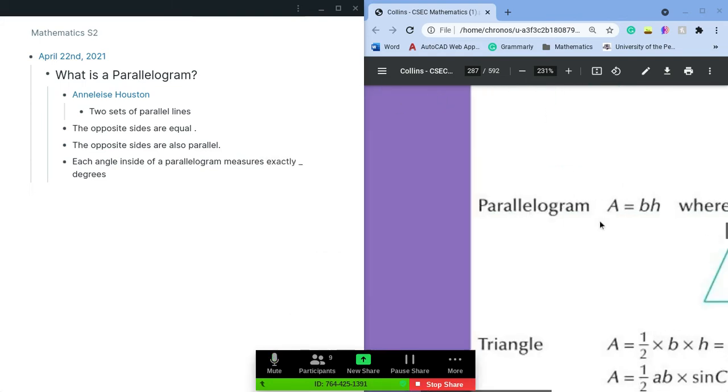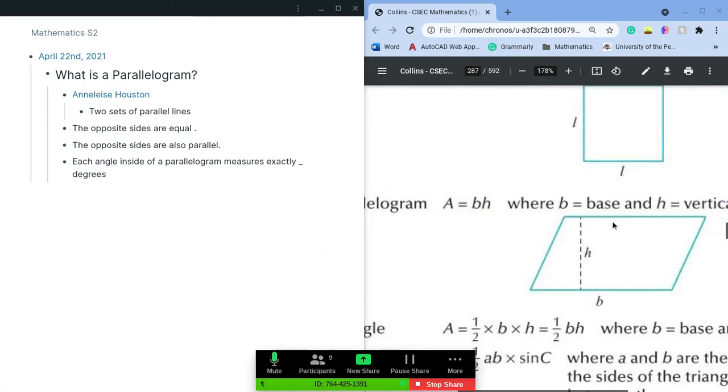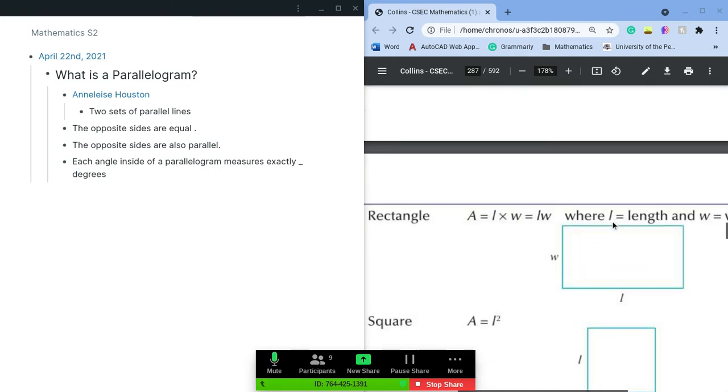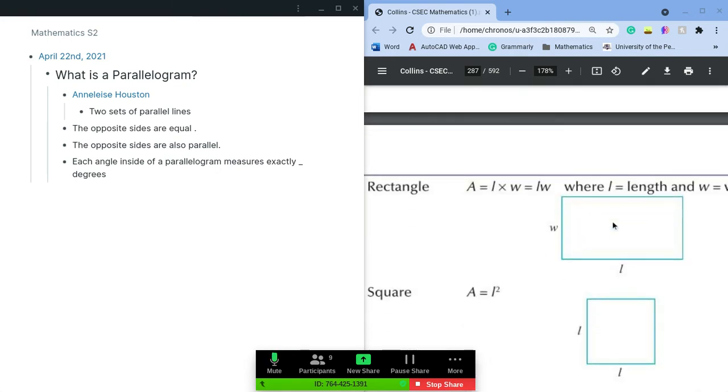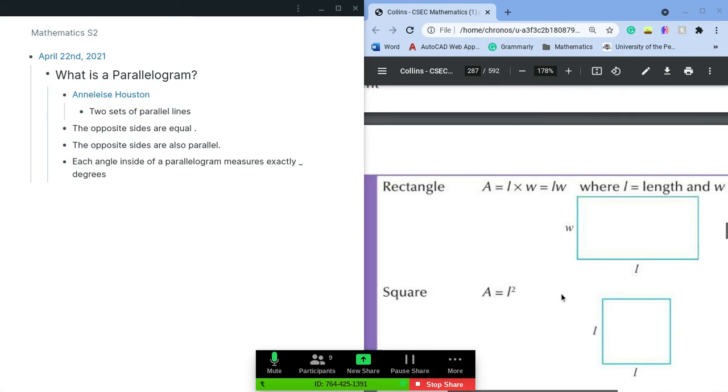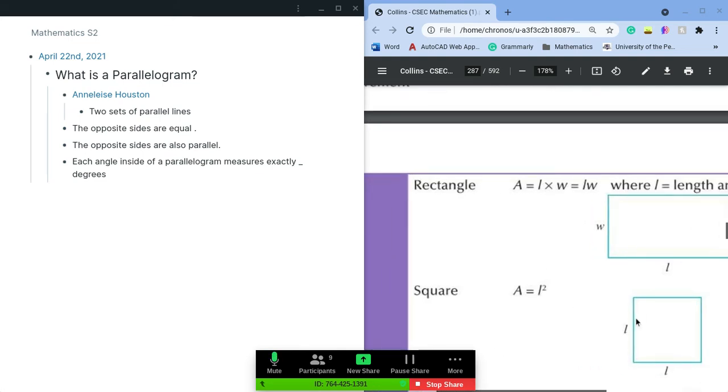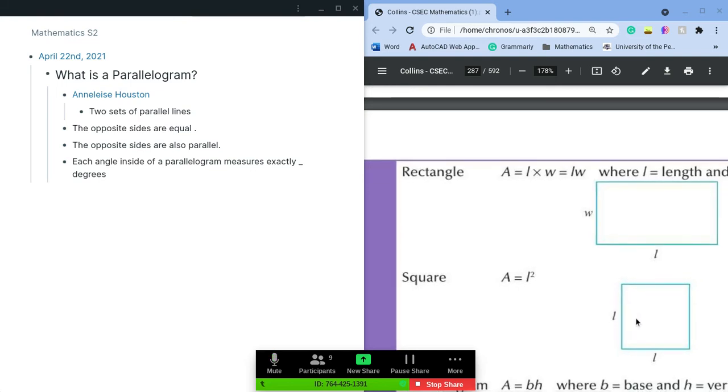Alright, so we looked at the comparison between squares and rectangles. We said that the formula for calculating the area of a square is L squared, and we explained why. Benjamin, quickly explain why again. Why is the area of a square L squared and not L times W? Oh, it's because all sides are even on a square.